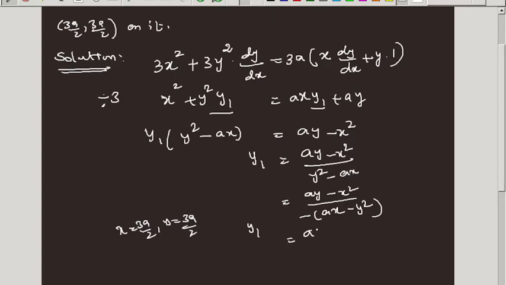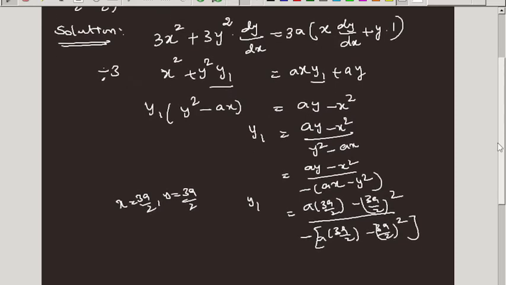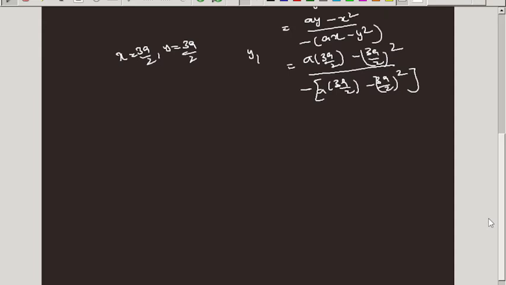So we get a into 3a by 2 minus 3a by 2 whole square, dividing by a into 3a by 2 minus 3a by 2 whole square, with a minus sign. We can cancel this whole term and we get minus 1. So y1 is minus 1.